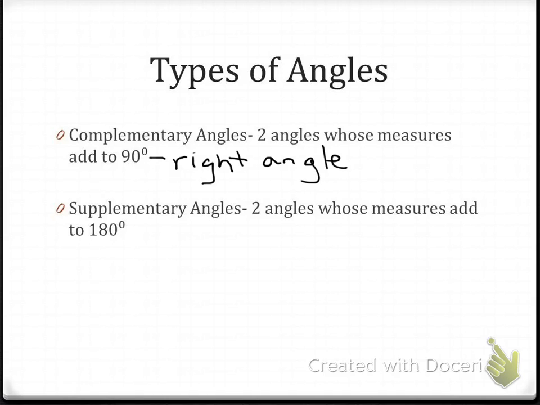Now with supplementary angles, that's when two angles have measures that add up to 180 degrees. So both of them together add up to 180 degrees, and what type of angle would they form together? What angle measures 180 degrees? Straight. A straight. Okay?